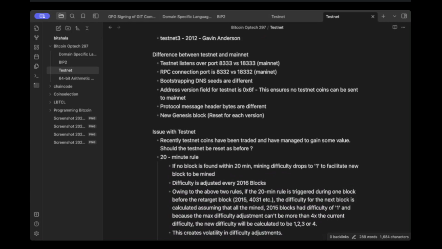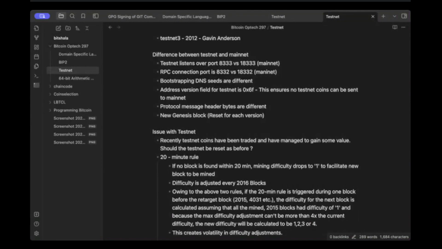And the address version of testnet is different: typically a testnet address starts with 6F, while mainnet works with 00. This is to ensure that you don't accidentally send testnet coins to mainnet addresses or vice versa.